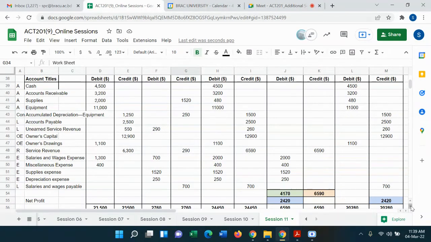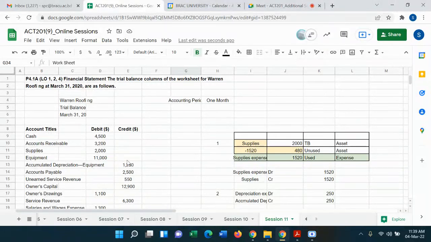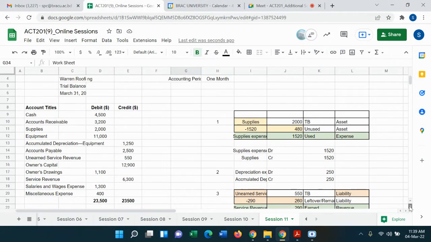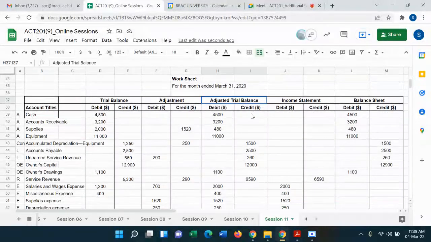Any opinion from you? Okay. So what may happen? A trial balance may be given to you, and after providing this trial balance, they may provide some additional information. They may just ask you to do the adjustment; if so, you go only up to that part. If they ask you to do the adjustment and the adjusted trial balance, then up to this part.